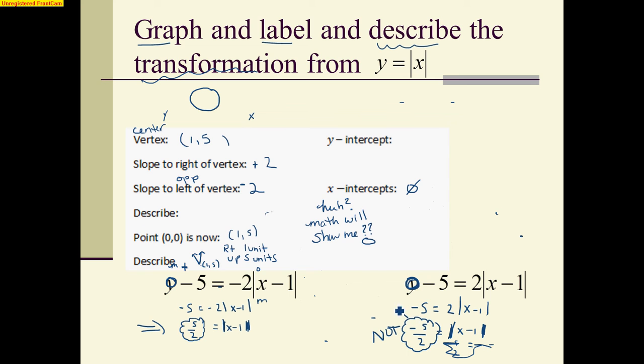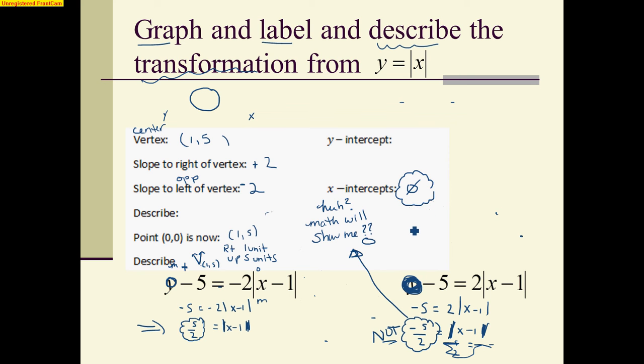That is the math speaking to you. You were looking for x-intercepts because you made y 0. The math says, no, there are no x-intercepts, because absolute value was equal to a negative. That's nonsense. And your math is saying, I'm giving you nonsense because what you're looking for, x-intercepts, do not exist.